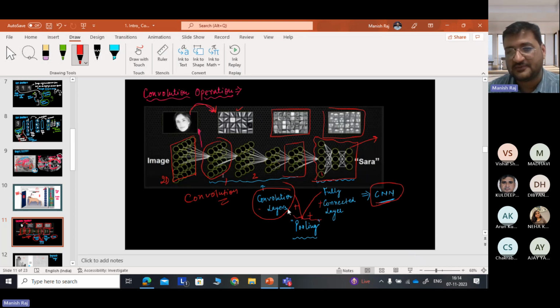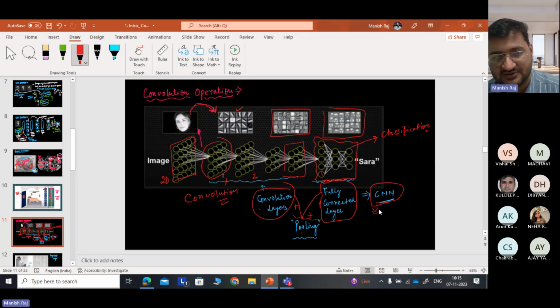I will tell you. But after that, we will take the pooling and provide it as input to the fully connected layer. And this is for classification purpose, because you have seen already that we can use the neural network for classification. So the convolution layers, the pooling part, and the fully connected layer together are the CNN algorithm.